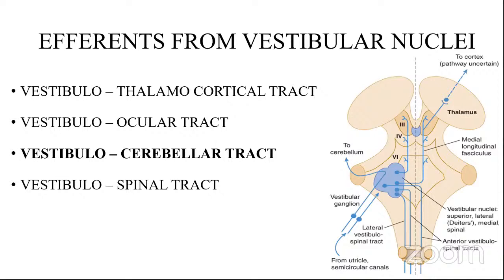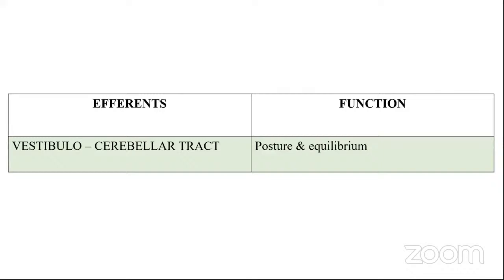The next is the vestibulo-cerebellar tract, with fibers passing from vestibular nuclei to cerebellum. The function is posture and equilibrium. According to the changes in the position of the head, it will make adjustments in the posture of the person.